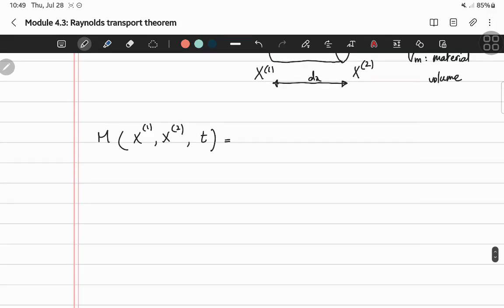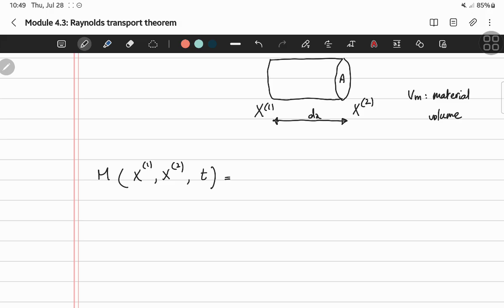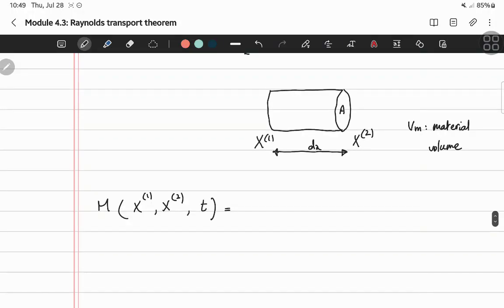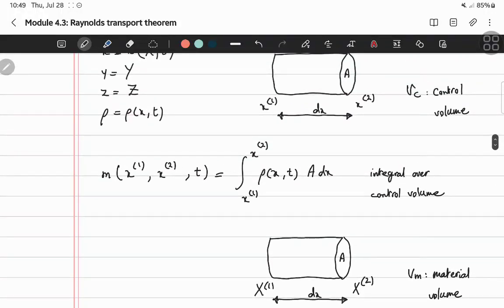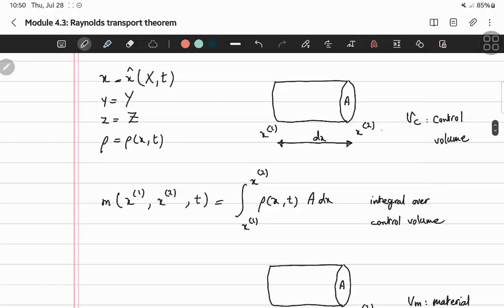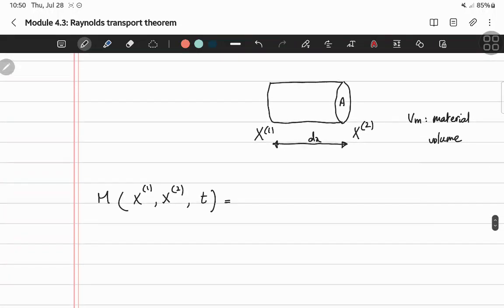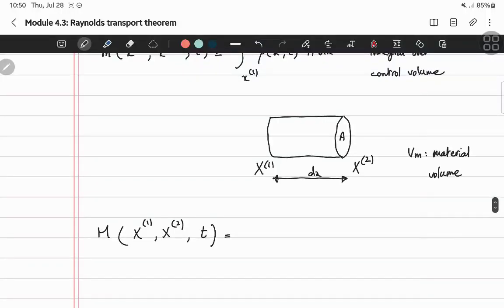So now we are going to find what is the mass of this material volume that we initially selected, as it coincides with this control volume. So basically, we have an instance.